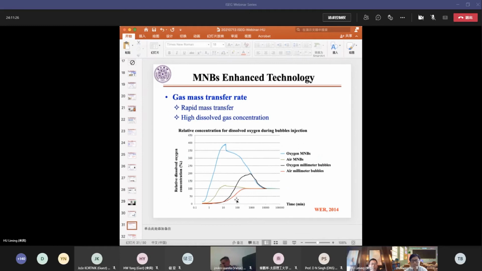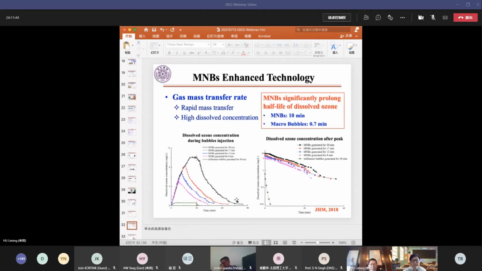And we also tested the gas mass transfer rate. It's much faster than ordinary microbubbles. This is the test result for oxygen, and this is the test result for ozone.